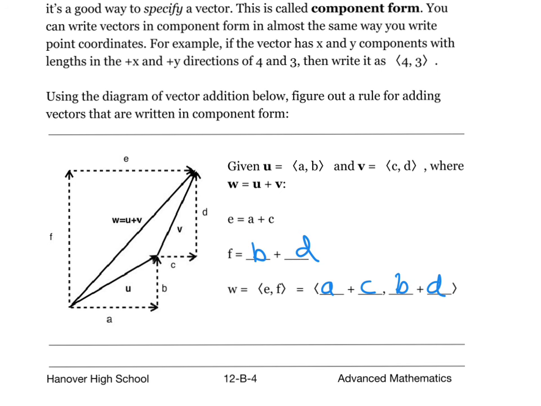So the punchline is, if we have vectors U and V that are in component form, A and B, just numbers. So this is a vector notation, ⟨A, B⟩.